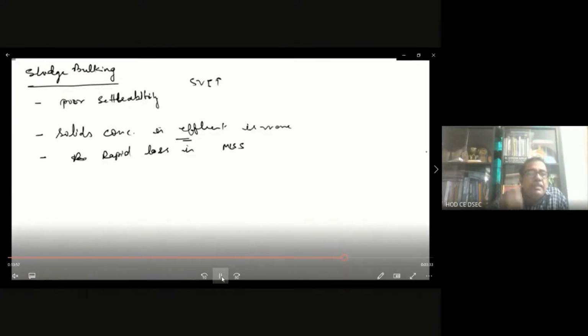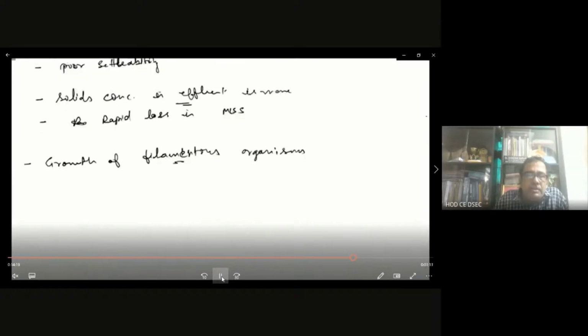Sludge bulking occurs because of the poor selectivity characteristic due to the growth of filamentous bacteria. So the growth of filamentous organisms forms the poor selectivity, and the sludge bulking occurs.